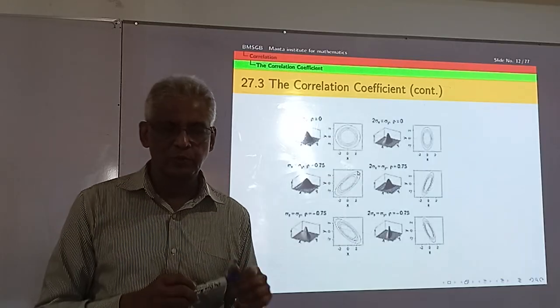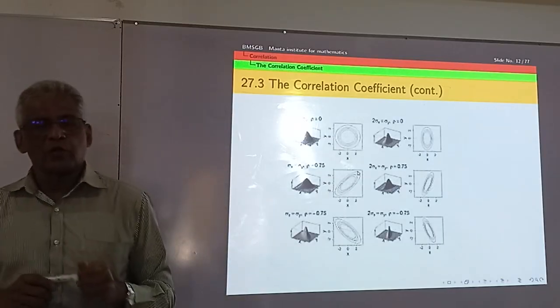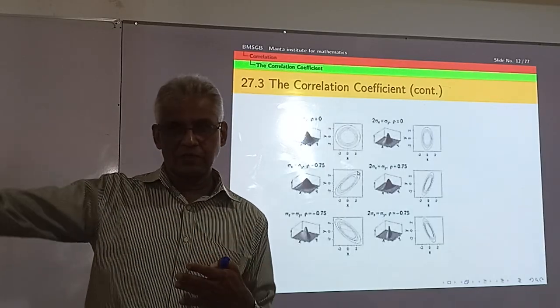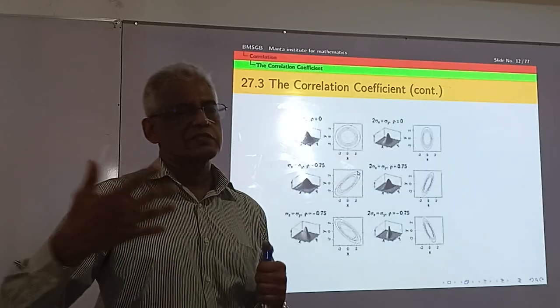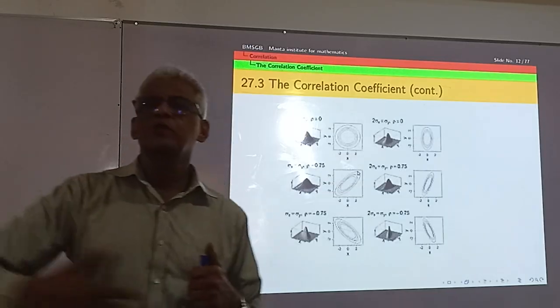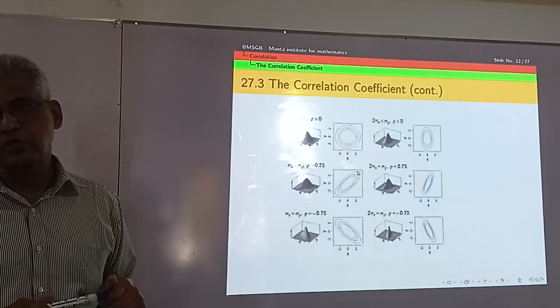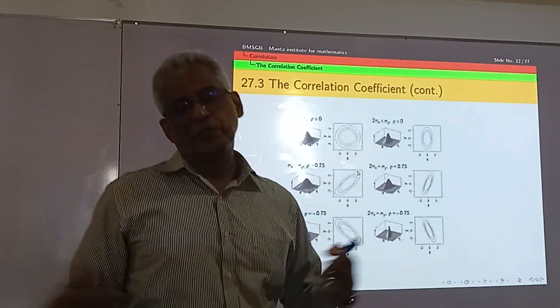If the p value is less than 0.05, or whatever the alpha level, they reject. So in that case we reject the hypothesis that rho is equal to 0 and decide that there is some association in the population.